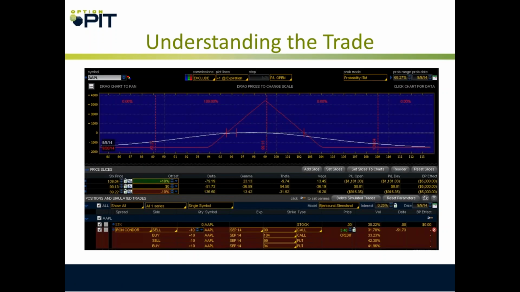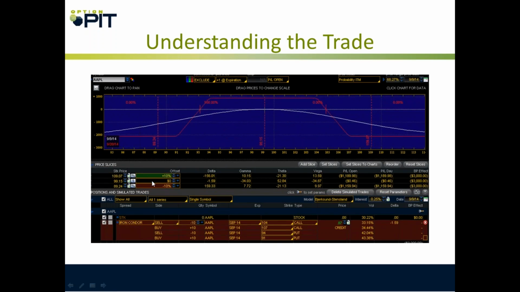So I want you to look at this butterfly and notice these Greeks. Short 51 deltas, short 36 gammas, long 54 theta, short 36 vega. This is obviously an old chart.